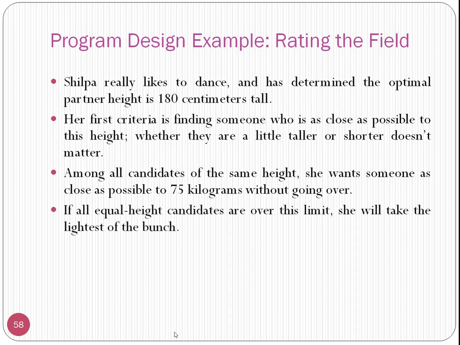Another condition: if all equal-height candidates are over this limit, she will take the lightest of the bunch. That is, if the height is 180 centimeters but the weight exceeds 75 kilograms, then she will take the lightest of that bunch, who has the least weight.